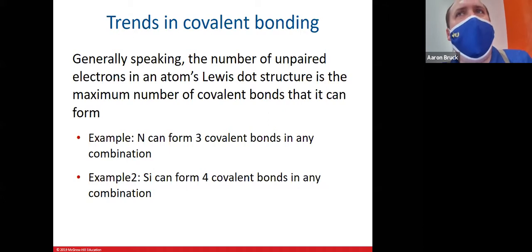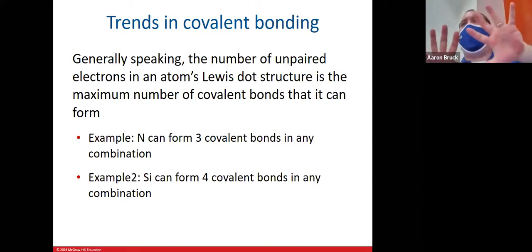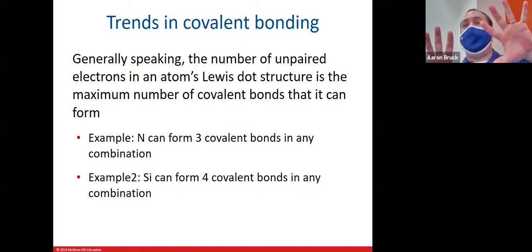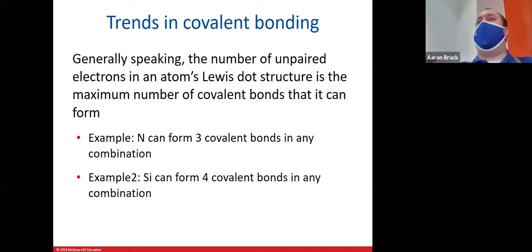For carbon, what we see carbon do is instead of forming diatomic molecules with itself, it tends to form what we call a network of covalent bonds. So those 4 unpaired electrons in carbon usually go out and grab 4 other carbon atoms, which in turn grab 4 other carbon atoms, which in turn grab 4 other carbon atoms. And they make this big network of these carbon atoms that are all attached to 4 other carbon atoms.